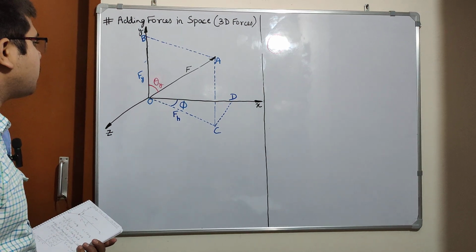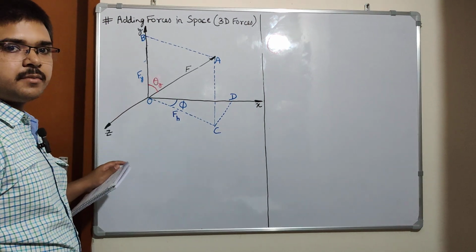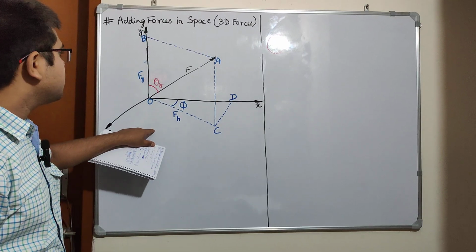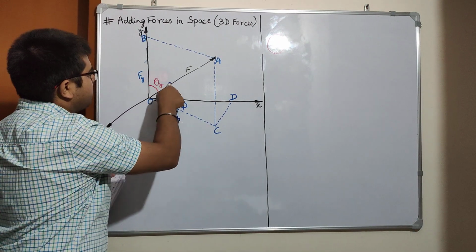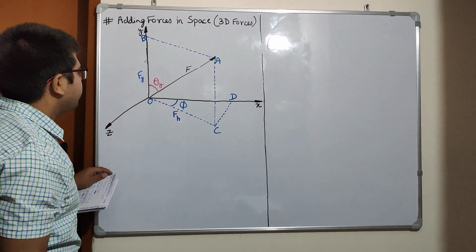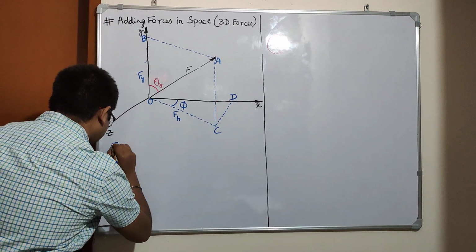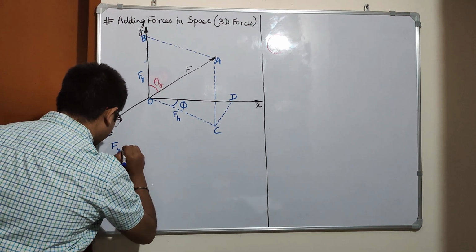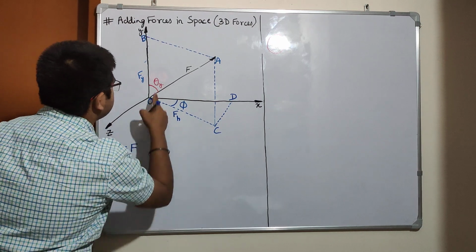Now we have made the whole diagram. Now we will resolve the force F into its components. So one component we can naturally see is F cos theta y gives Fy. So we have Fy is equal to F cos theta y.